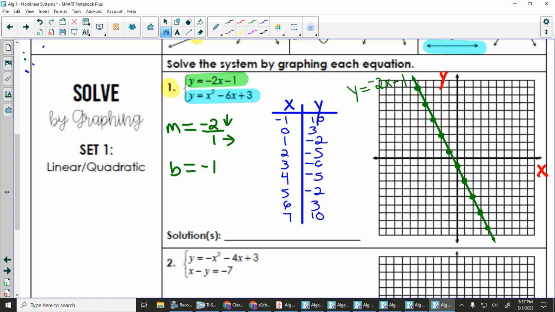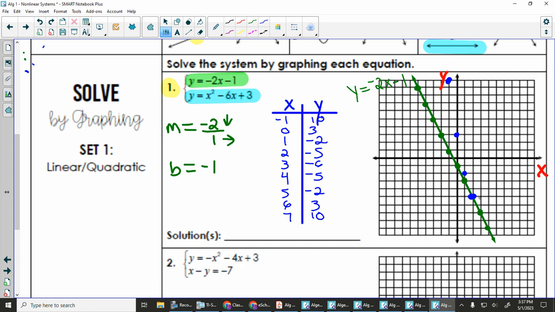All right, so we have negative 1, 10, 0, 3, 1, negative 2, 2, negative 5. 1, 2, 3, 4, 5 right there.